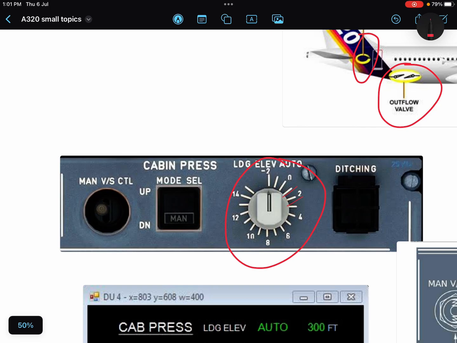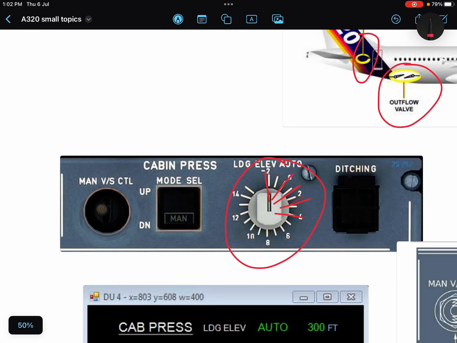Now in this scenario, you will have to put in your landing elevation, meaning the landing elevation of the airport where you are going to land. This helps to schedule your pressurization. The aircraft then automatically figures out when to reduce cabin pressure or what pressure it should maintain at what altitude, right? This is how it takes information.